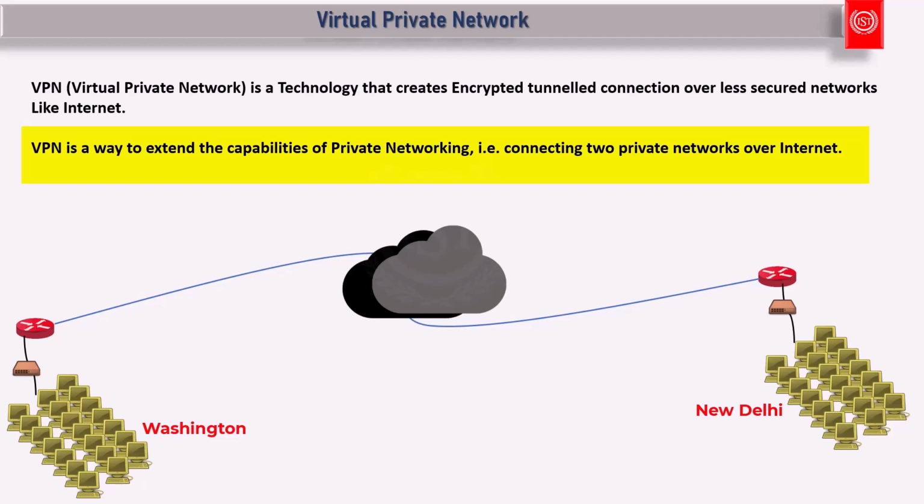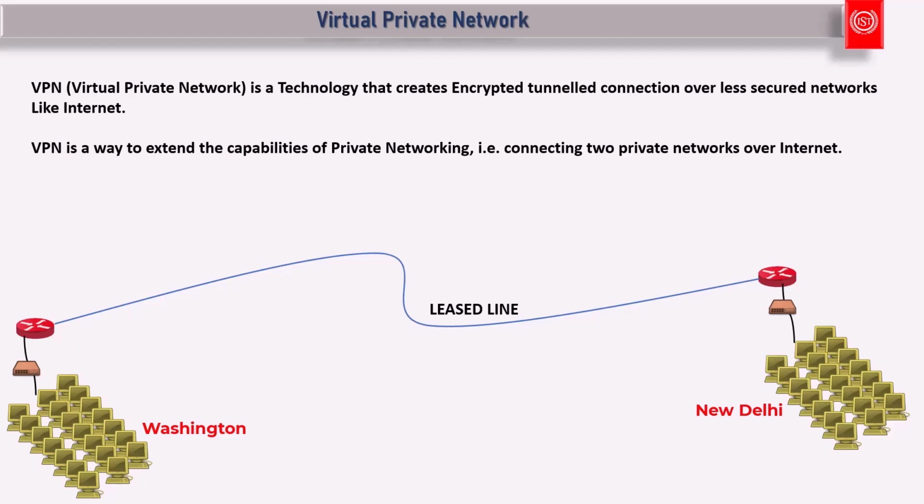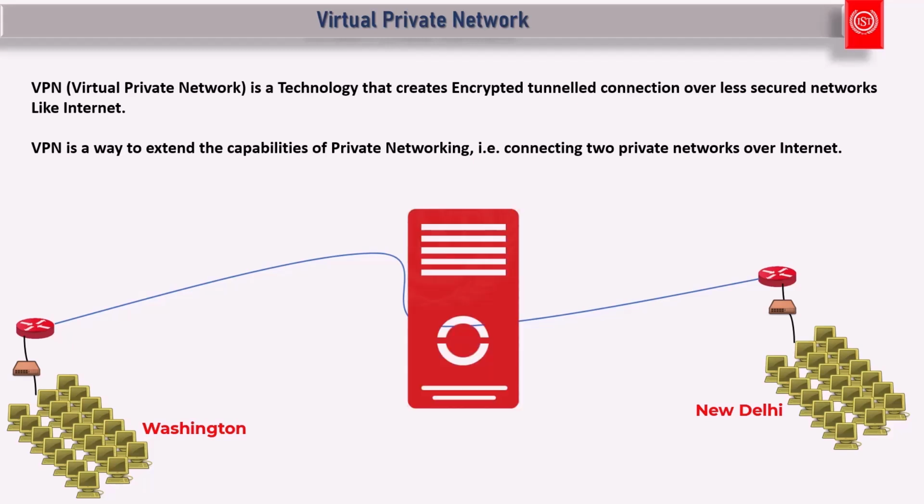If two branch offices are separated by 10, 20 or 30 kilometers, your company can afford to lay a leased line so that you can have private networking between both offices. But if the same branch offices are separated by thousands of kilometers, thousands of miles, then VPNs are the solution, because laying leased lines involves a lot of money and infrastructure.